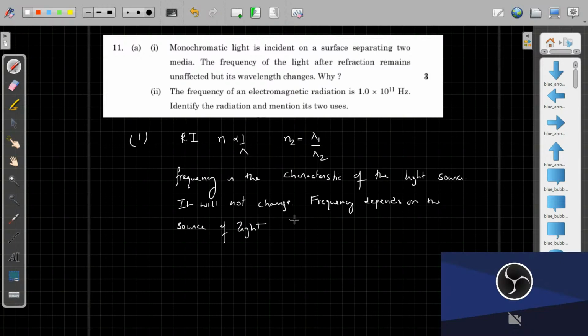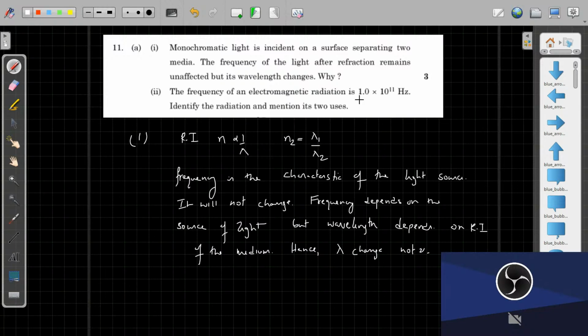But wavelength depends on the refractive index of the medium. Hence wavelength changes, lambda changes, not the frequency.